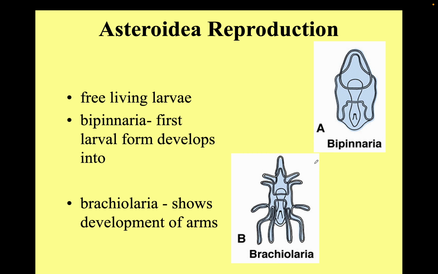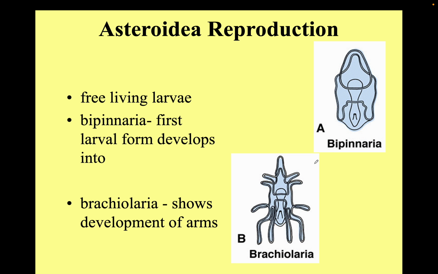Okay. So the larvae of Asteroidea are free living. They develop in the environment, in the marine water.